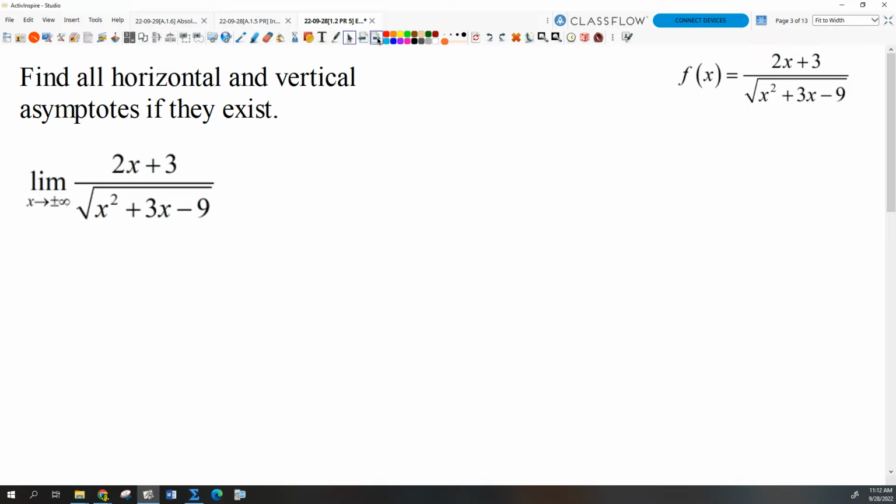Jonathan, idea? Find the highest degree. Say it again. Find the highest degree. Okay, the degree of the top polynomial is 1. The degree of the polynomial in the square root is 2, but I think you're meaning the right thing. Want to add to that?